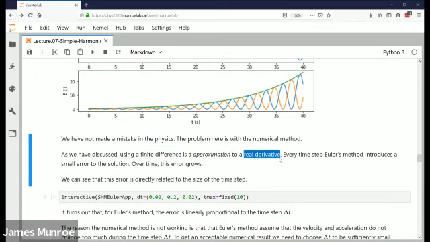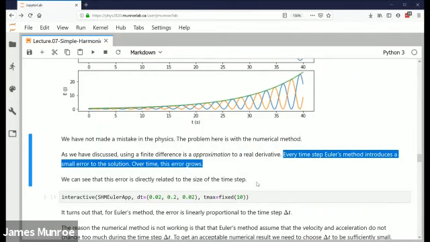So the idea is we're going to rewrite our derivative of x as the change in x divided by the change in t, or the derivative of v as the change in v divided by the change in t. Every time step, Euler's method introduces a small error. And for good or for bad, what the numerical method does is cause that error to grow in time.